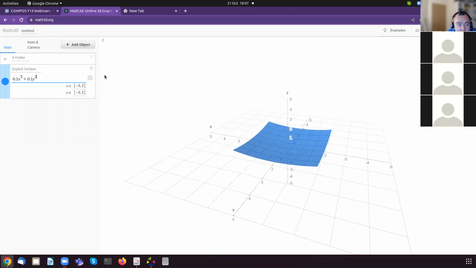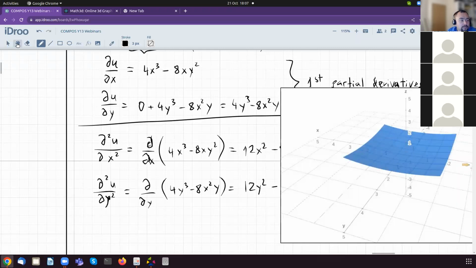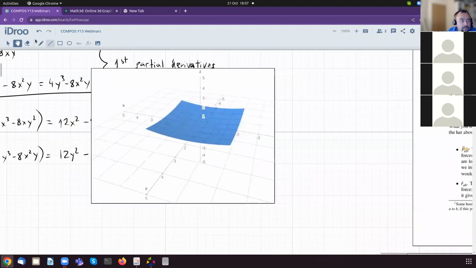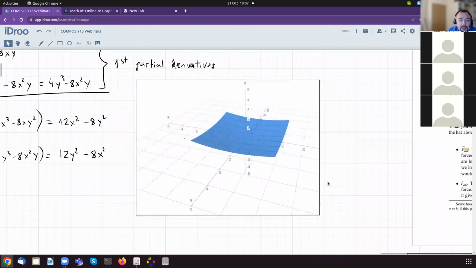So it's the rate of change in this case. u is the height above the xy plane. z is u of xy.